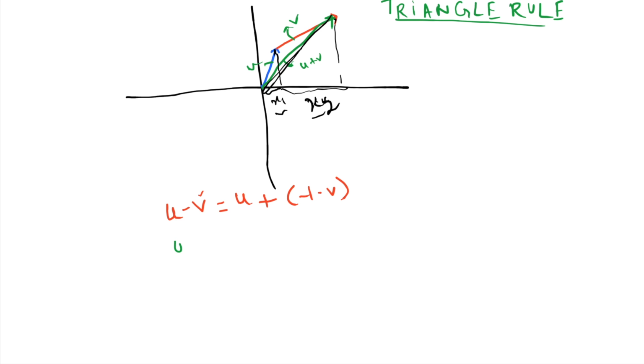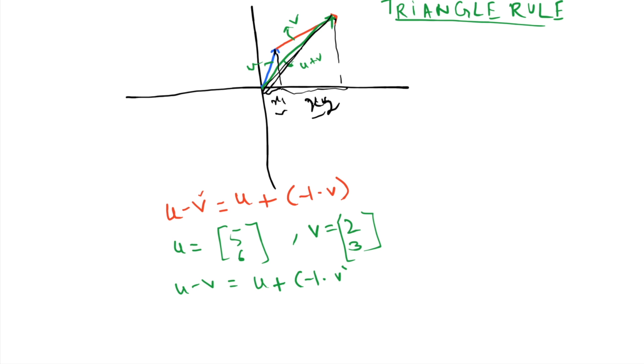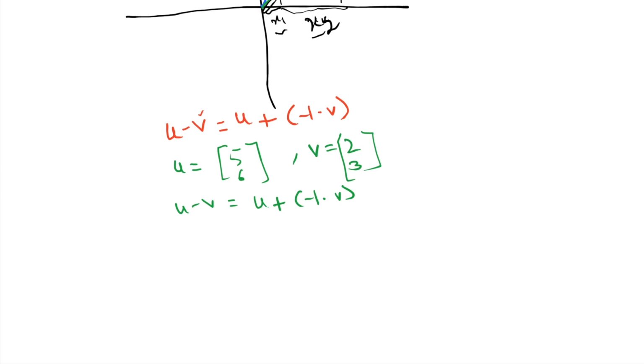So let's say u is 5, 6, all right, and let's say v is 2, 3. And let's say you were to find out what u minus v is. So u minus v will be u plus minus 1 into v. And this will be 5, 6 plus minus 1 into 2, 3.